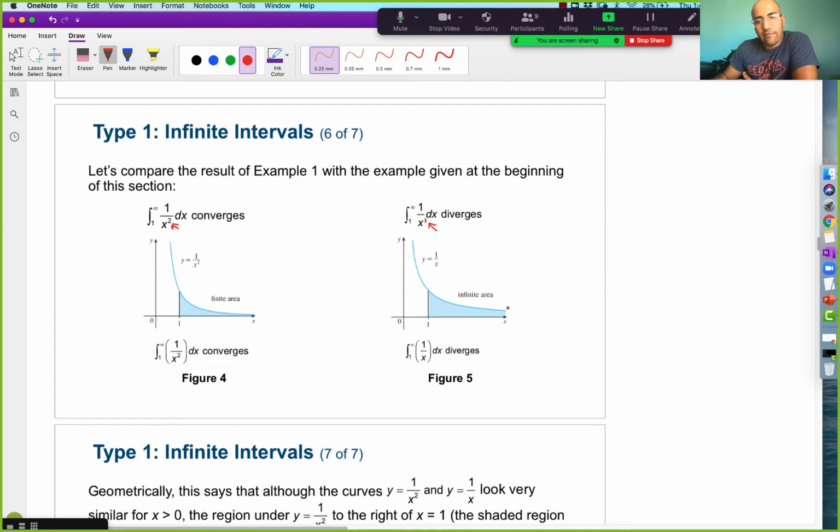Here is the graph of 1 over x, the area from 1 to infinity. We found that this whole area here diverges. It's infinite, infinitely large.